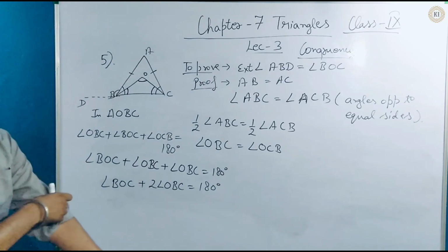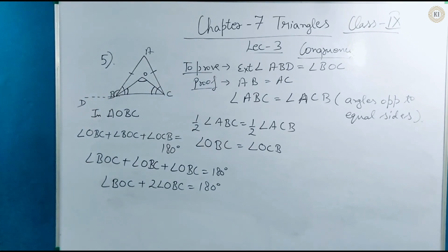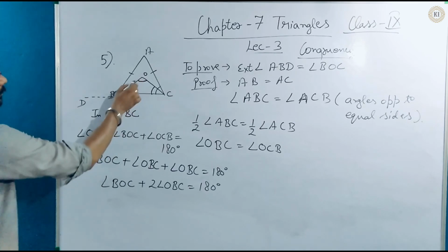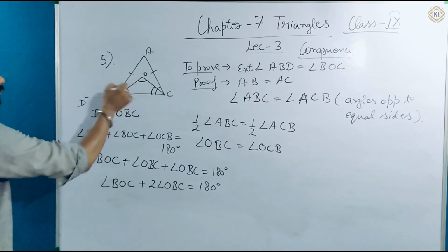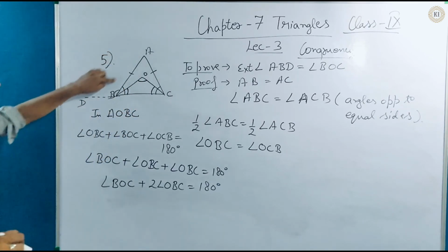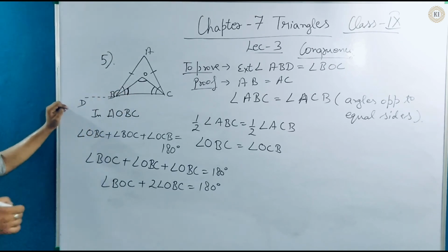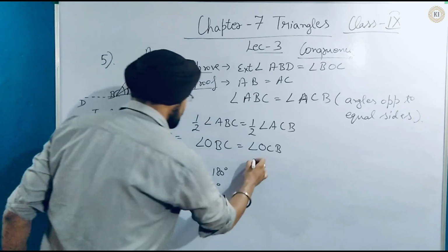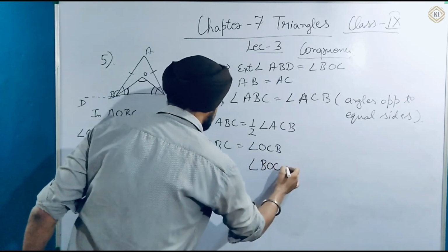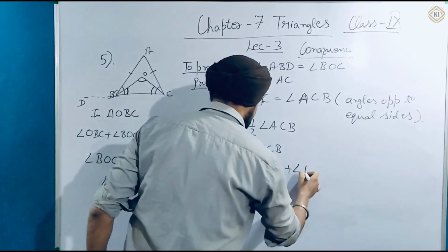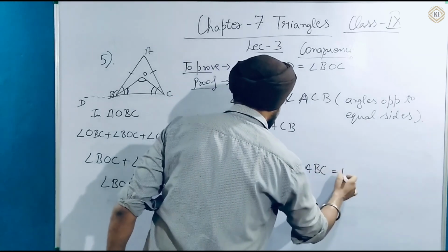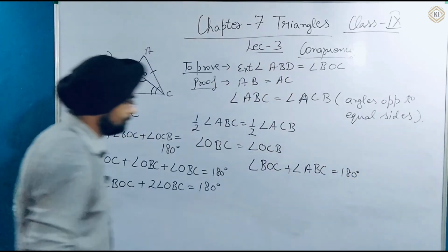Now 2 times angle OBC will be angle ABC because OBC is the bisector. So here we can write angle BOC plus angle ABC will be equal to 180 degrees.